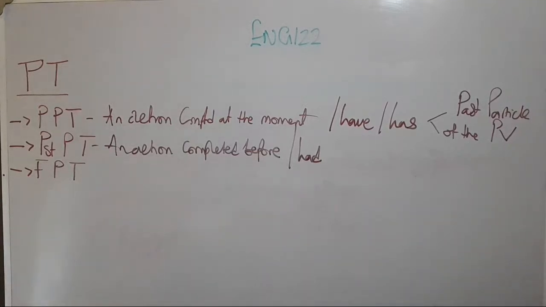So we have the future perfect tense. When we talk about the future perfect tense, like I said earlier, it's a little bit different from the rest as it speaks more about the future.